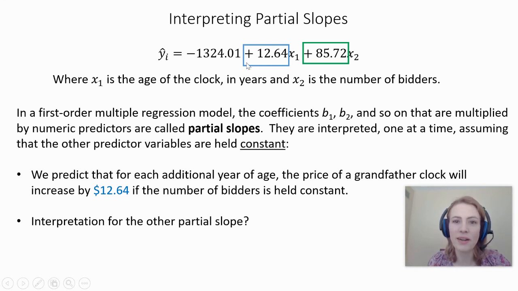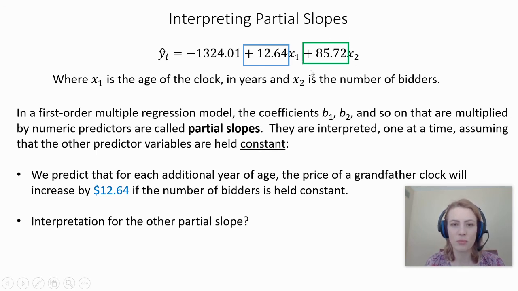All right, so in the blue rectangle, we could say we predict that for each additional year of age, because X1 is age, the price will increase by $12.64 if the number of bidders is held constant. So we can't fiddle with both parts at the same time. Using that template, why don't you give it a try?